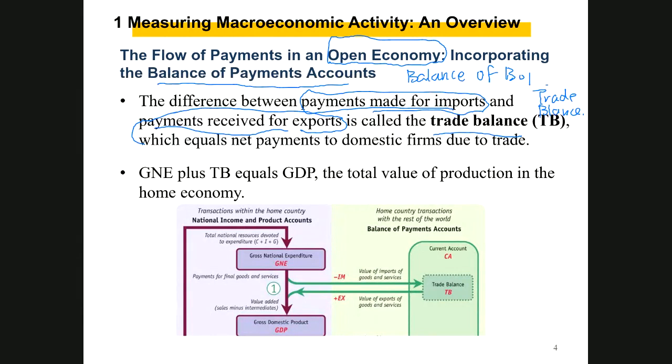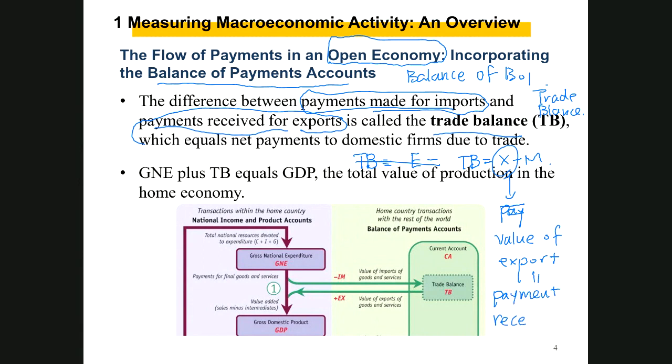So remember in the trade chapters, we defined this before, right? So X is the value of the export. That usually means the payment that you receive, right? This one is usually identical to the payment you receive from a foreign country.